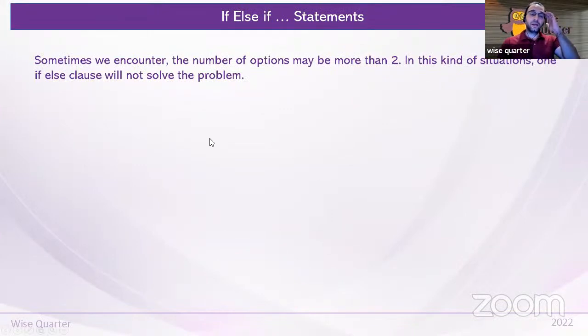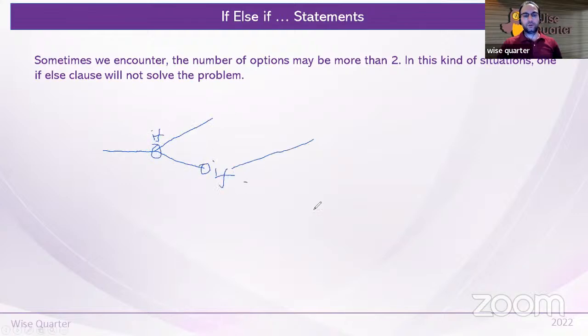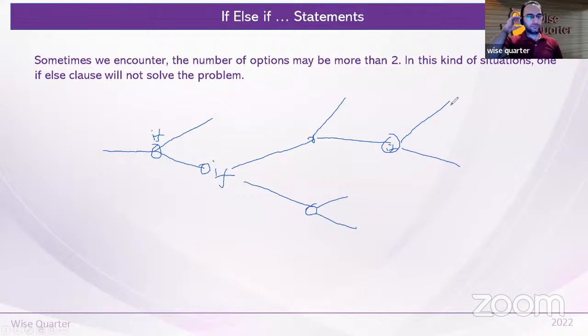Yes, sometimes we encounter a lot of different options. For example, if is a fork in coding, this is the if, and there might be a lot of ifs, another if, and actually code works like this. There are a lot of if statements, and according to what you choose, code will go to a different place.